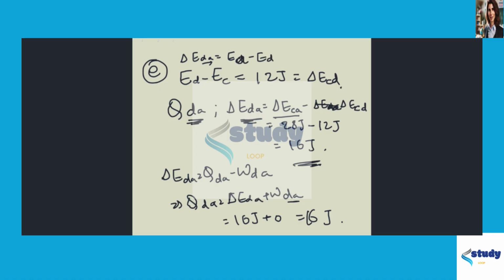Now we can add and subtract E_C, which would give us E_A minus E_C plus E_C minus E_D. If you notice, E_A minus E_C is simply delta E_CA, and E_C minus E_D is delta E_DC, and delta E_DC is minus delta E_CD. So if you use delta E_DC here, you simply put a plus sign, but because we have a minus sign, we use delta E_CD. That is it.